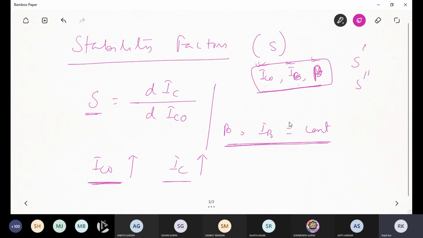The best case is, if you increase ICO by 2 times, IC will be increased by 2 times. So the lowest value of S will be equal to 1, and that should be our target. We will design the circuit in such a way that the stability factor comes out to be equal to 1.